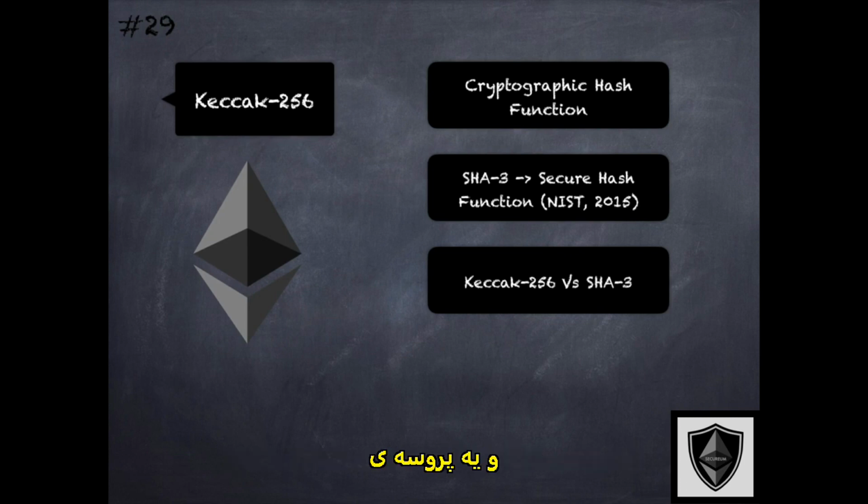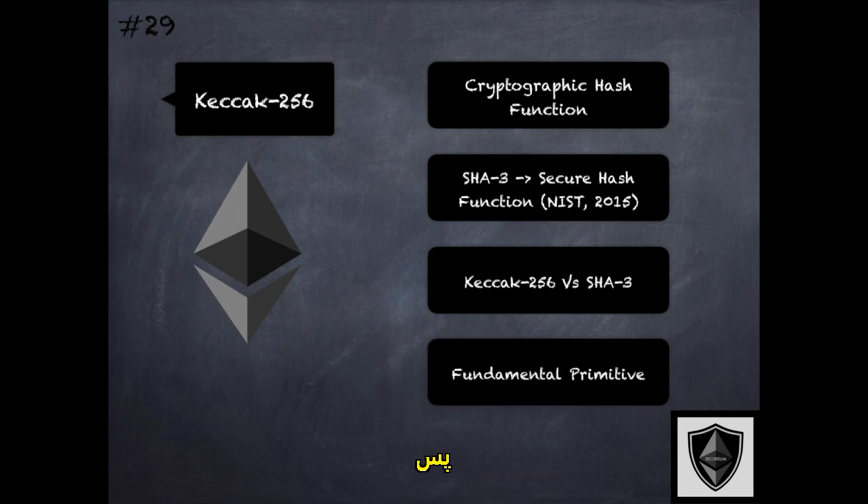It's a very interesting process. And in this case, Keccak 256 was the winning candidate, but happens to be different from the finally adopted SHA-3 standard. So this is critical to a lot of the functioning of the Ethereum protocol and smart contracts. It's really a fundamental primitive to how computation in many ways is done on Ethereum.